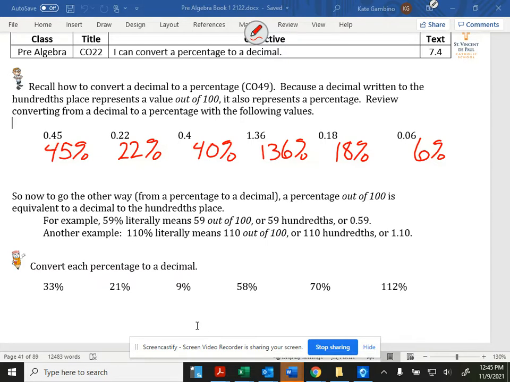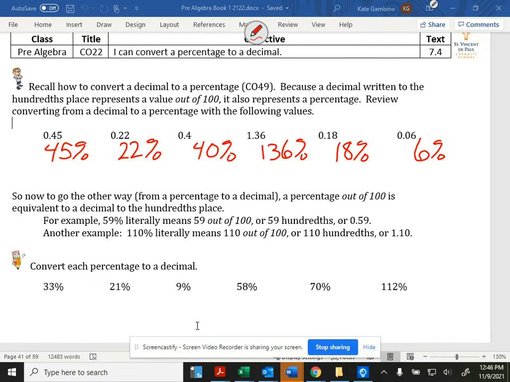You guys did really well with that. So now we're going to go the other way, from a percentage to a decimal. A percentage out of 100 is equivalent to a decimal up to the hundredths place. For example, 59% literally means 59 out of 100, or 59 hundredths, or 0.59.